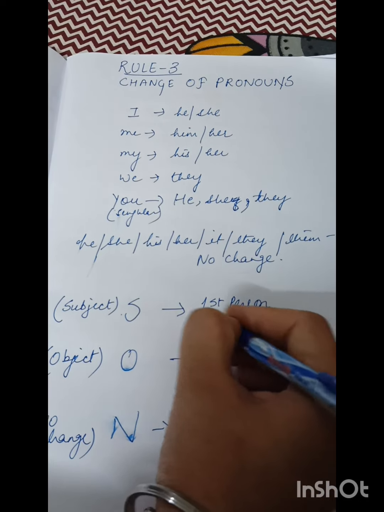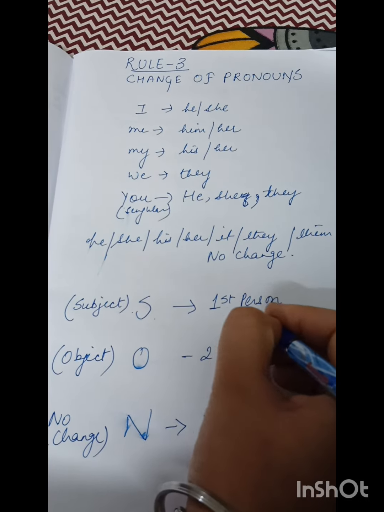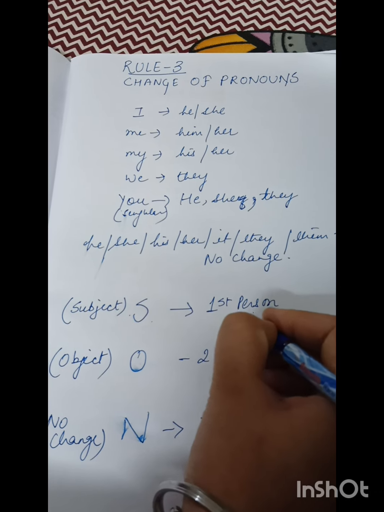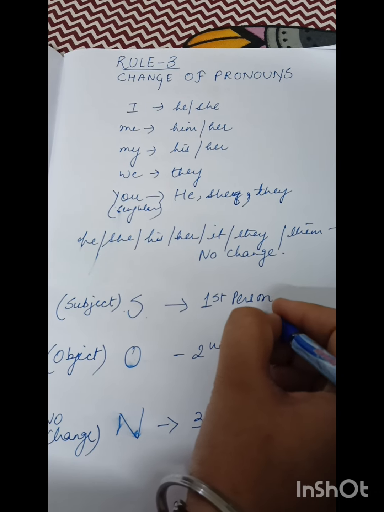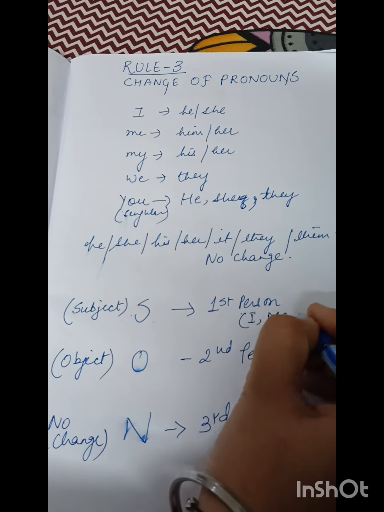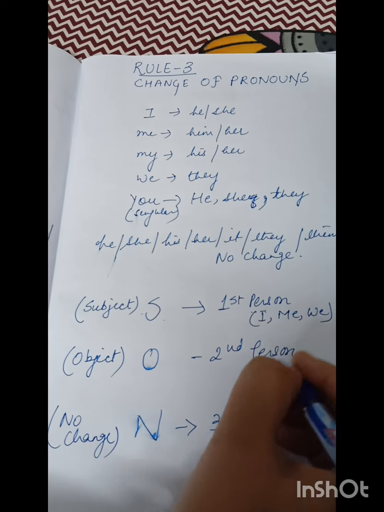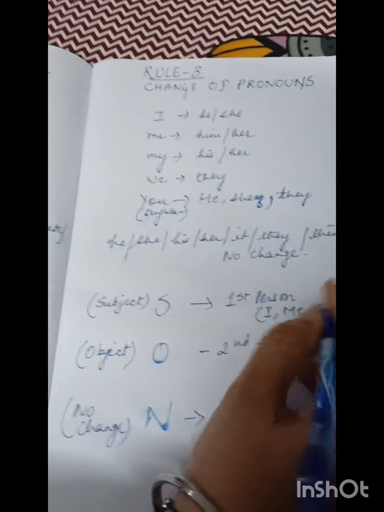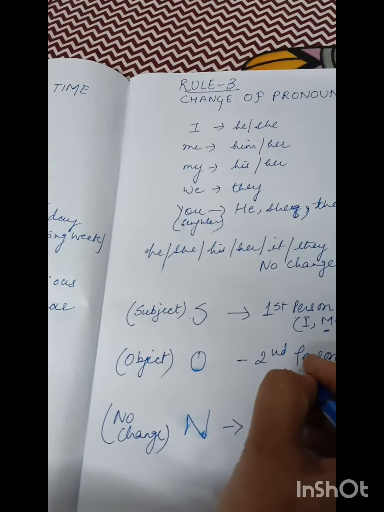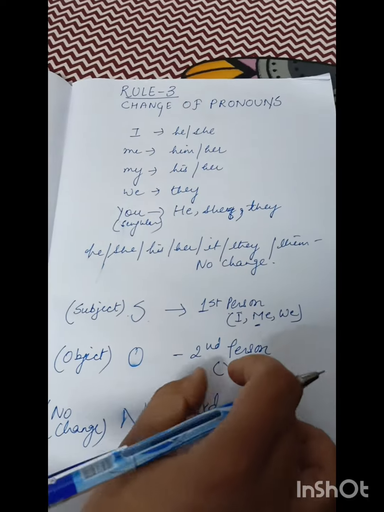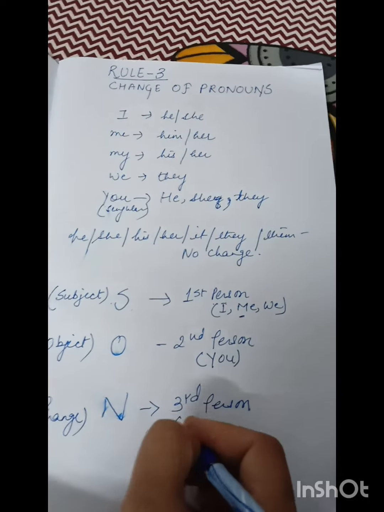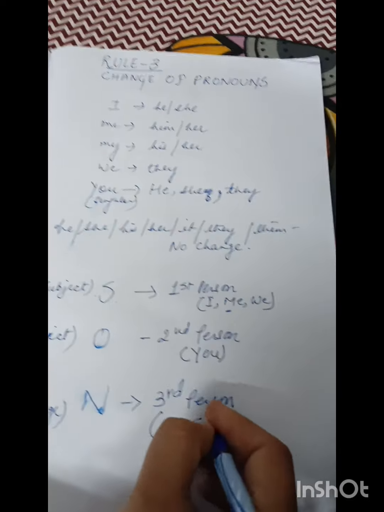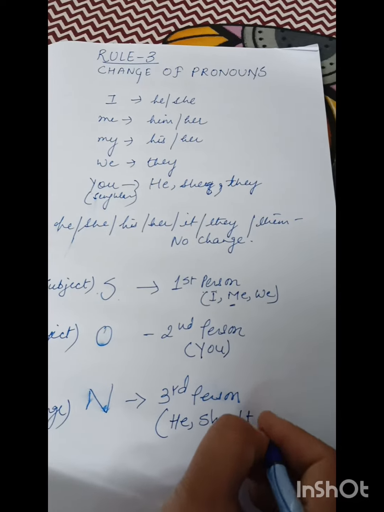First person is I, me, we. These are all first person. I'm taking a limited set so that you know. Second person is you. I'm taking limited pronouns here. Third person: he, she, it, they.